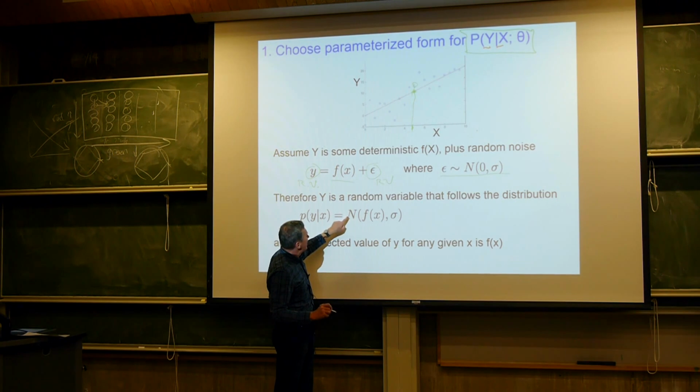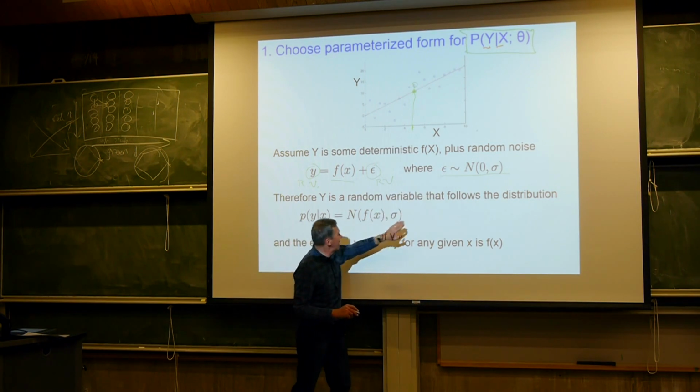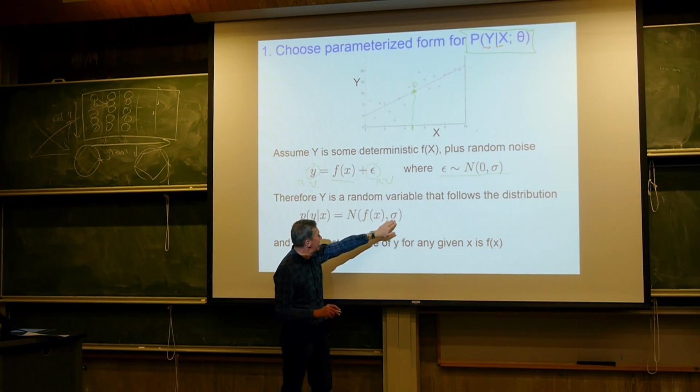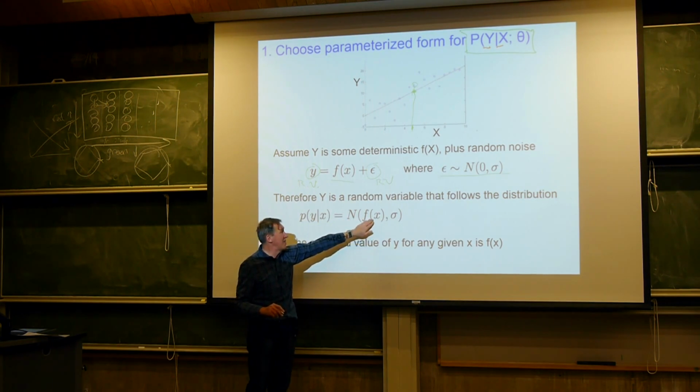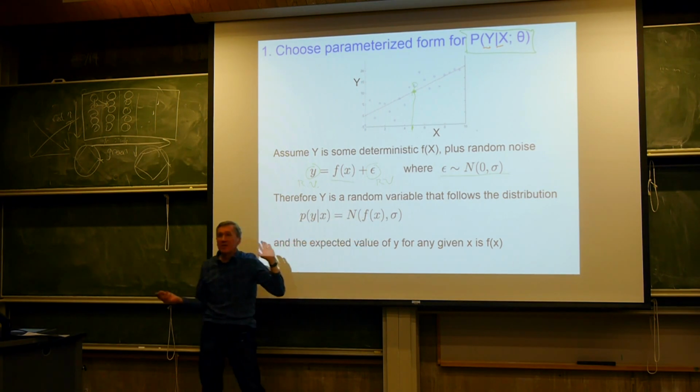That means y is going to follow a normal distribution whose mean is not 0, but whose mean is f of x. Since we're adding 0 mean Gaussian noise, y itself will follow a normal distribution centered at f of x instead of centered at 0.